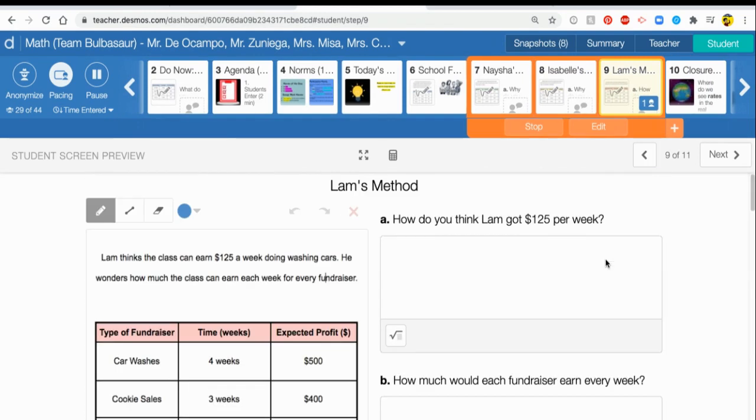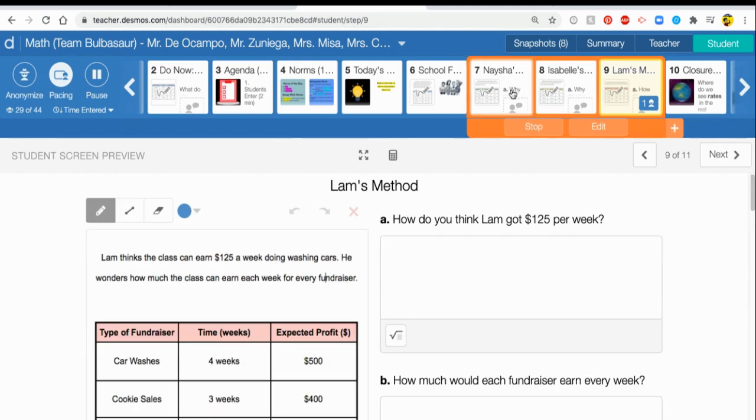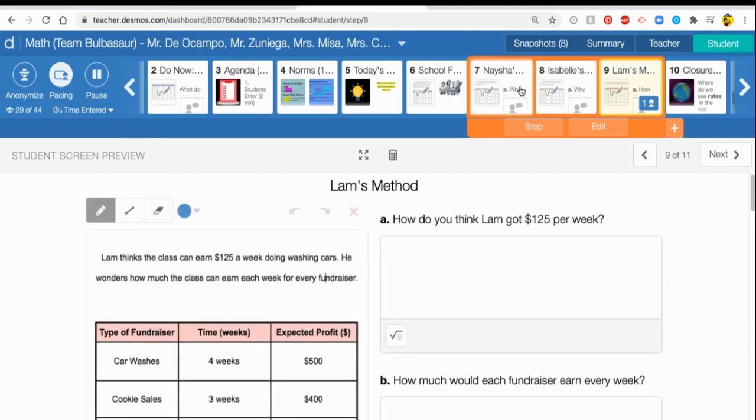So it's a special challenge problem that people can try, but it is not a required problem. So 7 and 8 and 9 both explore different rates. And in the next video that I'm going to make, I'm going to talk more about some of these strategies that can help you. So if you need tips on 7 and 8, wait for the next video.